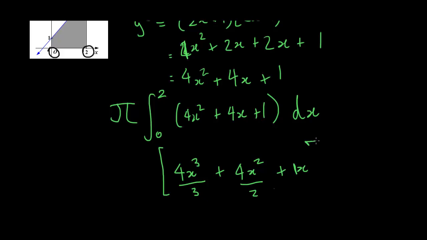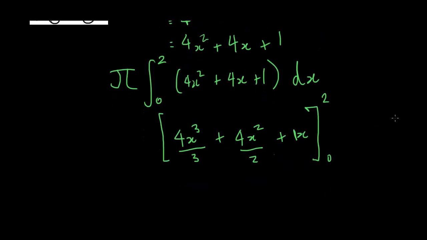Okay, cool. So that's my square brackets, and I'm going to close it, and I've got 2 and 0 as the limits. And of course, the most vital thing, you have pi in front. So pi is multiplying by this entire thing.